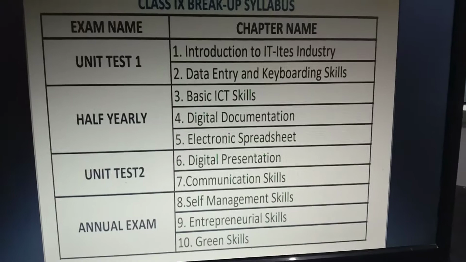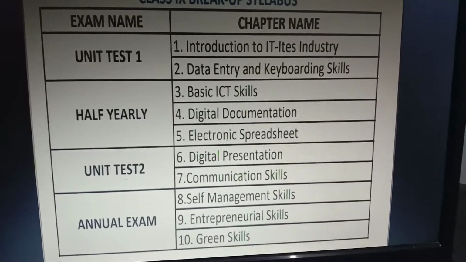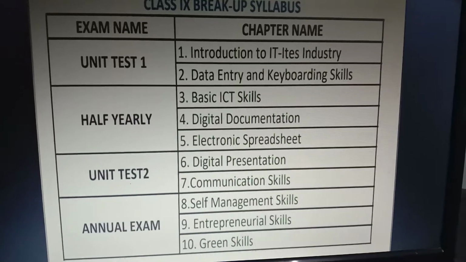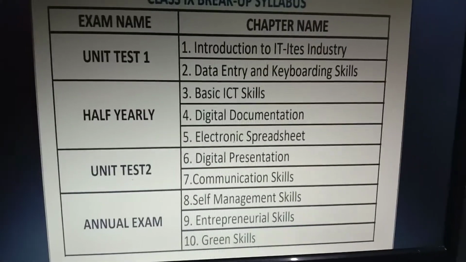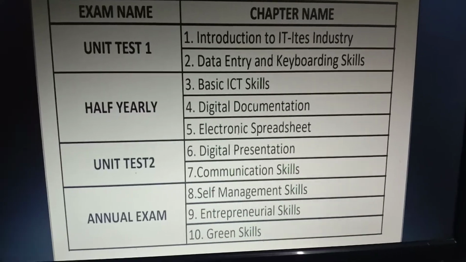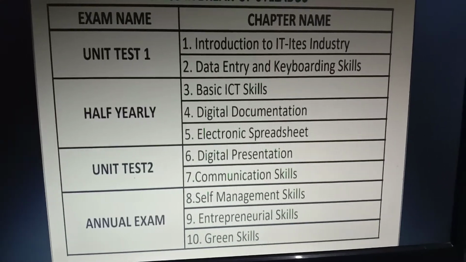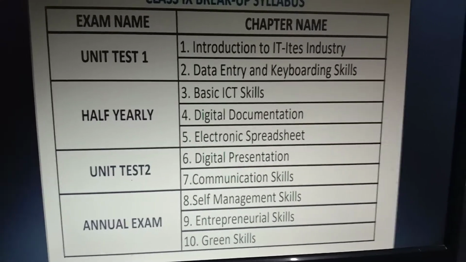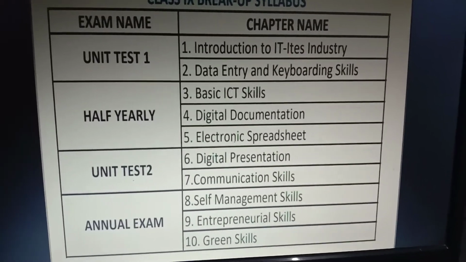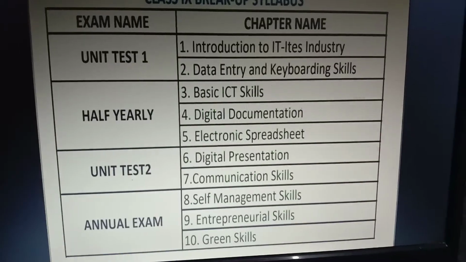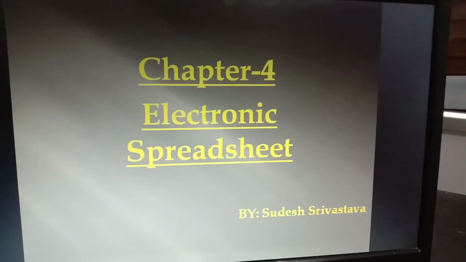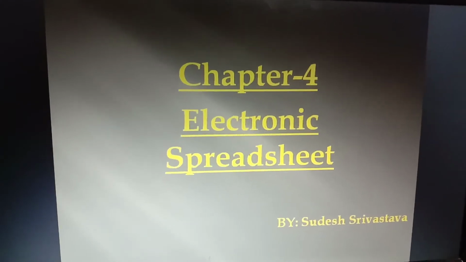For the half yearly, chapter number 3 is Basic ICT Skills, chapter number 4 is Digital Documentation, and chapter number 5 is Electronic Spreadsheet. For UT2, chapter number 6 is Digital Presentation and chapter number 7 is Communication Skills. If there are any changes in your books, it will be changed.